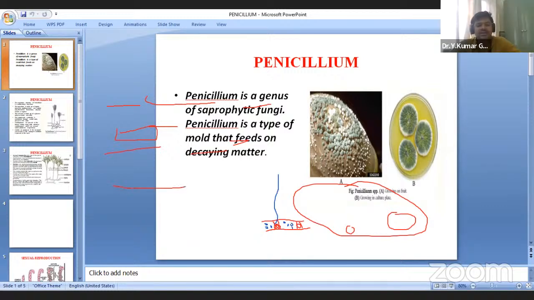Inside the cell, cytoplasmic continuity is maintained through the central pore. I already told you, the pore is present in the septa. Through the septa, cytoplasmic streaming flows from one cell to another cell. So this happens continuously. And after the mycelium, after the vegetative structure, what is formed?